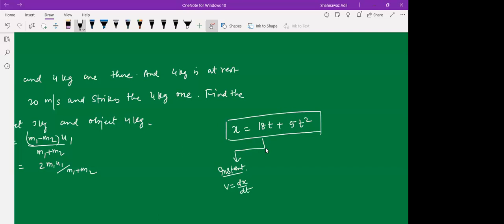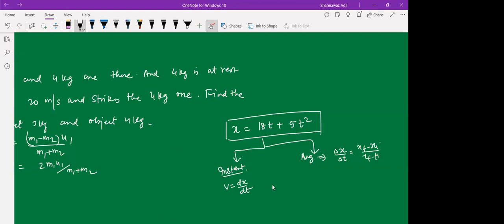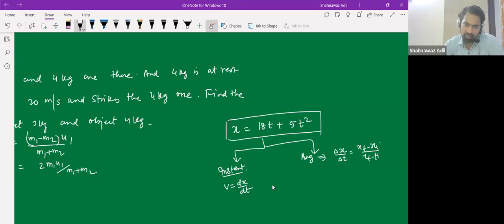And what is average? That is delta x by delta t, which is x final minus x initial by t final minus t initial, right? So from average velocity we have to find from 2 to 3 and instantaneous at 2 seconds. So we have to differentiate this one.